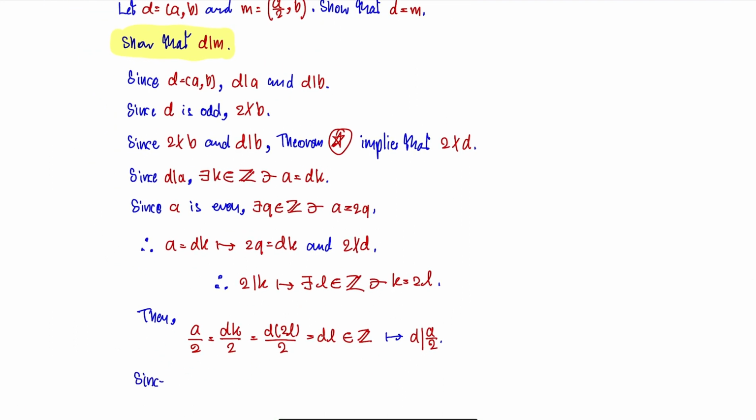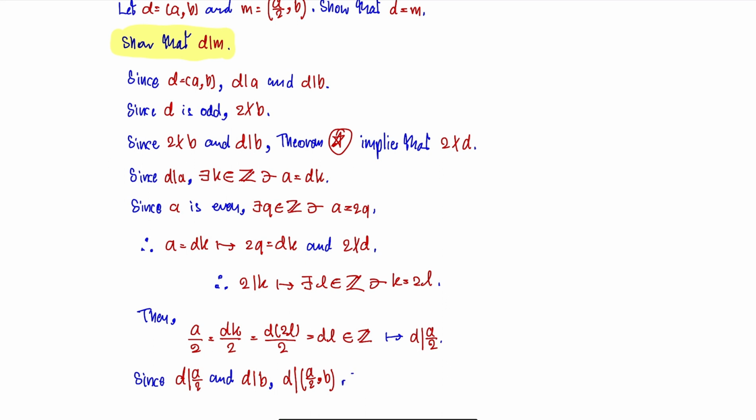So once we have d divides a over 2 and d divides b, what do we have? Since d divides a over 2 and d divides b, the next thing we are going to have is that d divides the greatest common divisor of a over 2 and b.